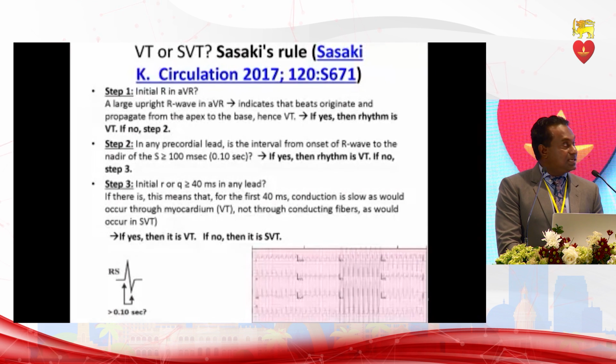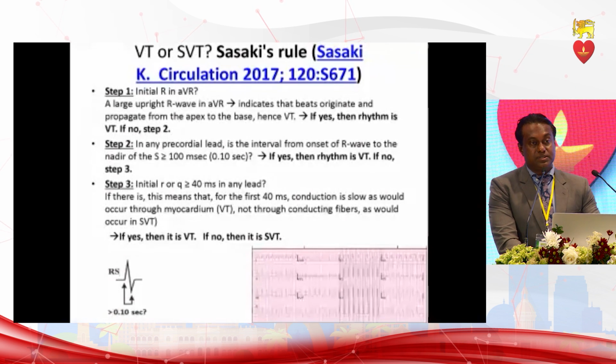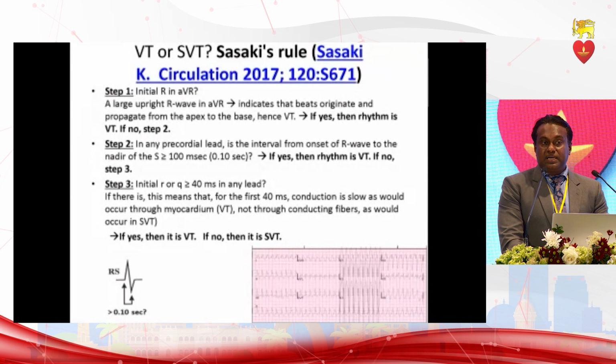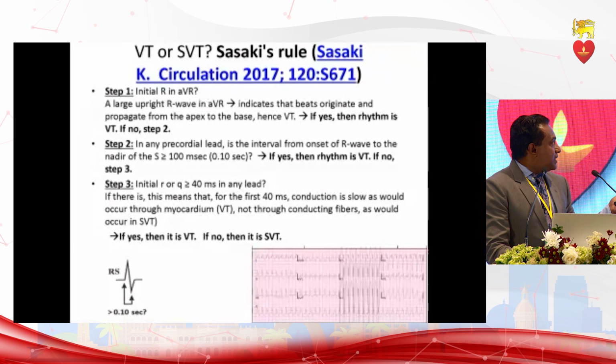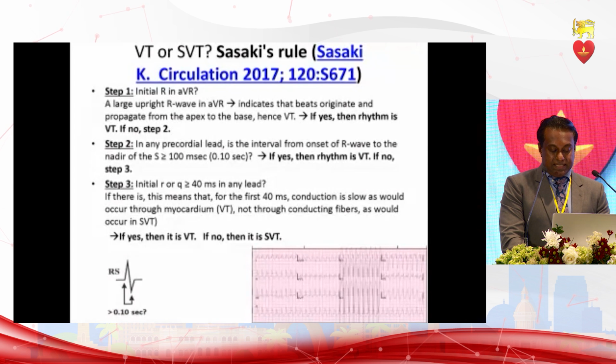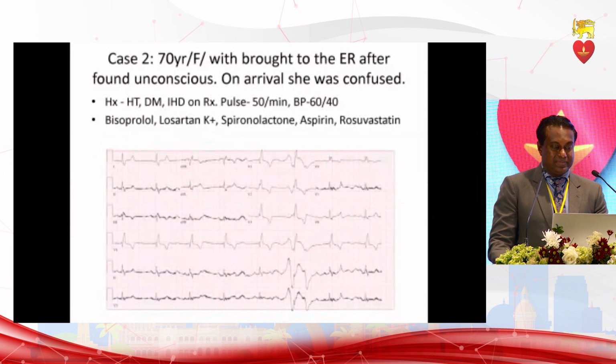Those three steps are 87% sensitive and 93% specific to distinguish VTs. This particular ECG doesn't involve any of these three, so it is clearly an SVT with aberrancy.